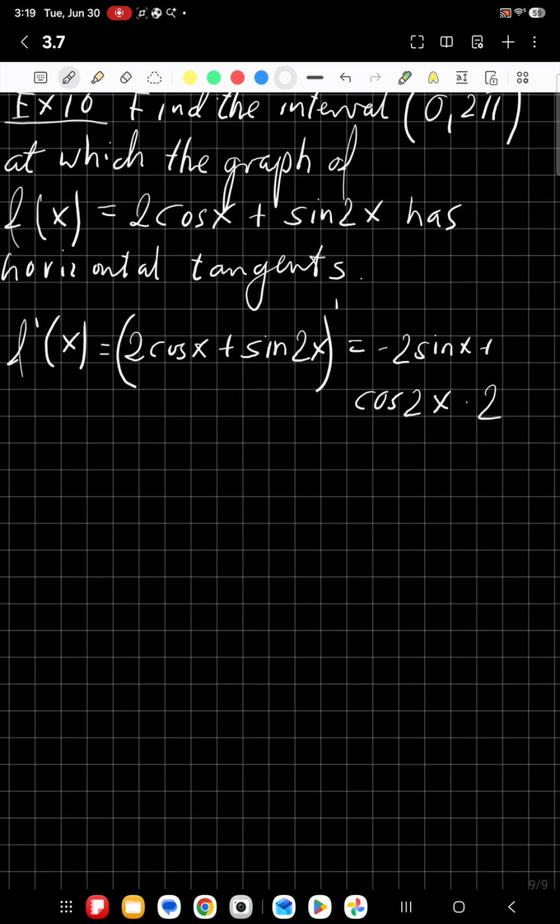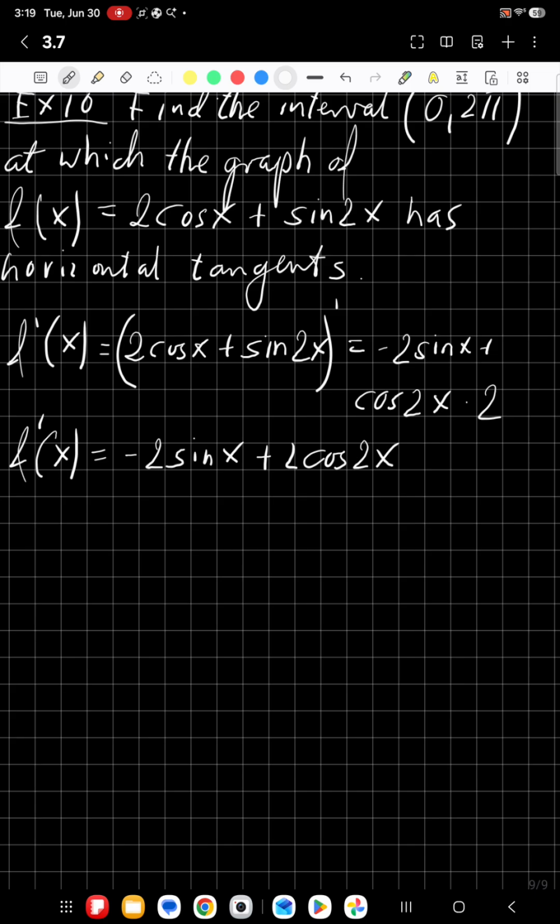So f prime of x is negative 2 sine x plus 2 cosine of 2x.